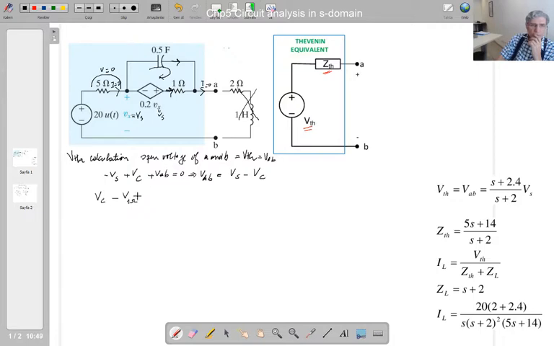Plus 0.2 Vs is equal to 0. So in here, if I write now, 1 over SC IC minus 1 ohm I 1 ohm plus 0.2 Vs is equal to 0.